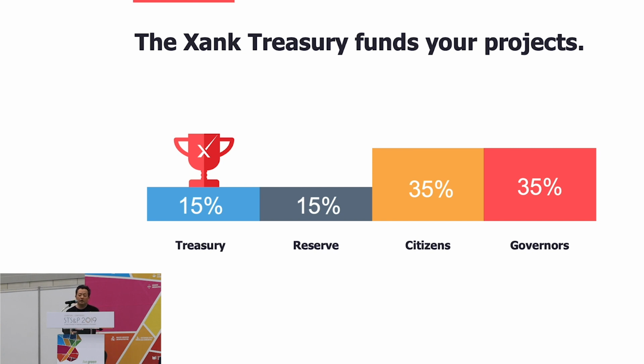And if I heard Sam's numbers about solving the money for the UN SDG goals, it's like $5 trillion. This means that if the Xank economy can, if I did my math correctly, grow to something like $33 trillion, then we can solve all of the SDG goals, right? Just using Xank will solve that.